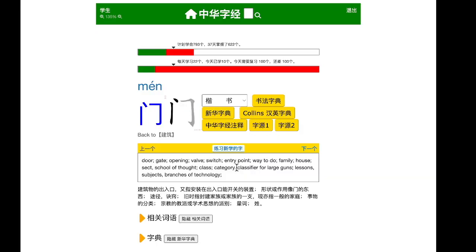Men is the measure word that we use for classifying large guns like a cannon. We would call it 一门炮, a cannon. Lessons, subjects, 一门课, are branches of technology. Men. And this character is pretty obvious even now that this is just a drawing of a door.